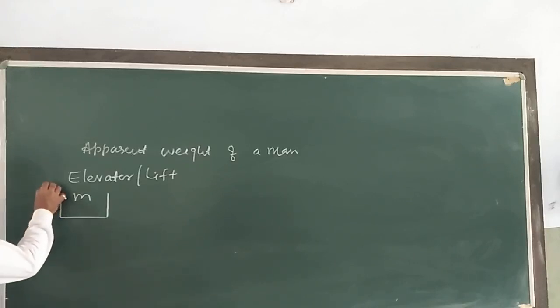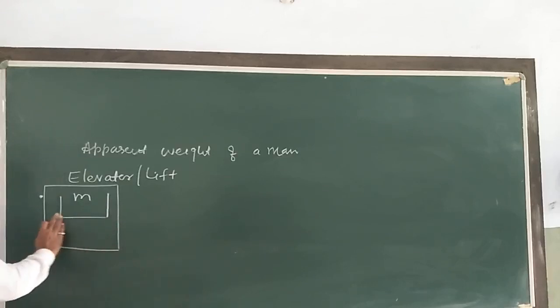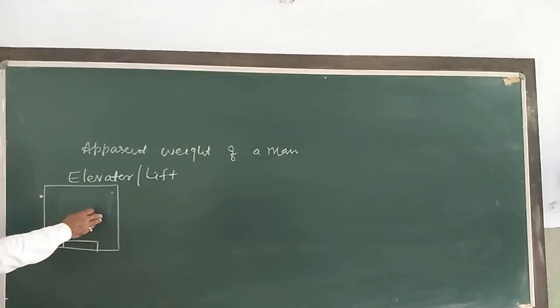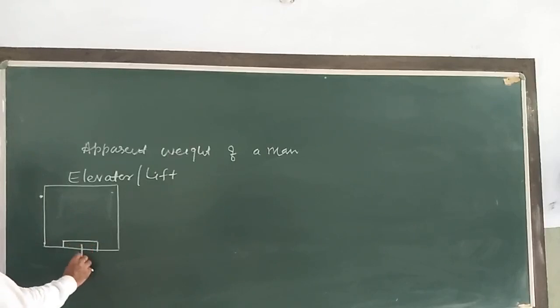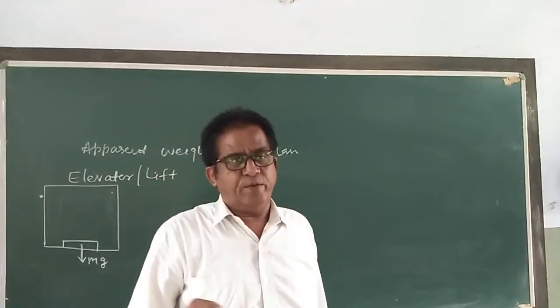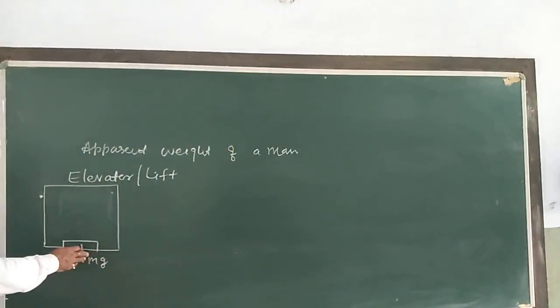Suppose this is our elevator here, and a person of mass m is here. At this time, the actual weight of the person is mg. The weighing machine is kept inside an elevator or lift.